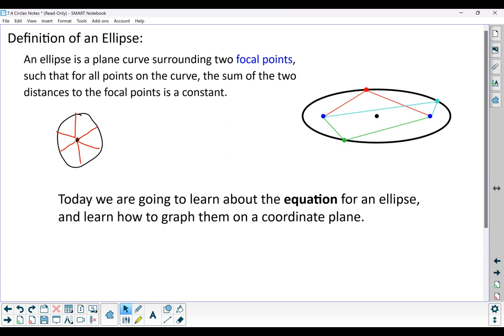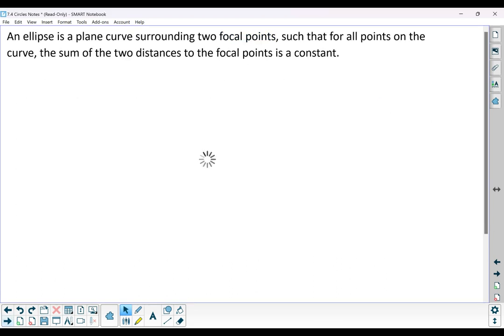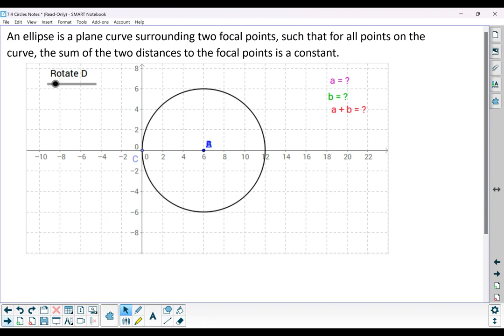So we're going to talk about the equation of an ellipse and learn how to graph them. Here's another little visual of this idea of an ellipse. A circle actually is an ellipse. A circle is an ellipse that has the two focal points at the same spot. So right now I have a perfect circle here.